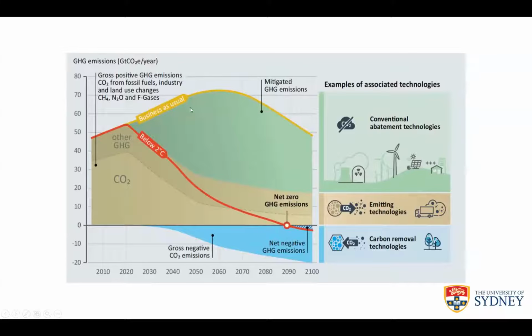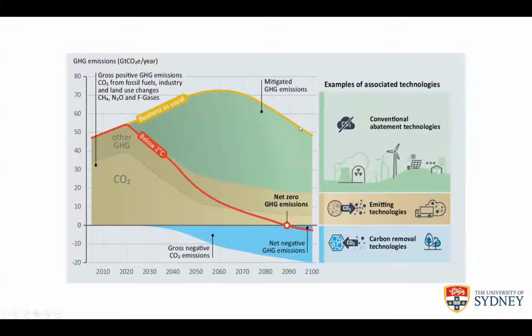This is what we call business as usual. If we put in mitigated greenhouse gas emissions, that means, for example, if we change some of our practice to windmills, solar farms, and other things, these are conventional abatement technologies.